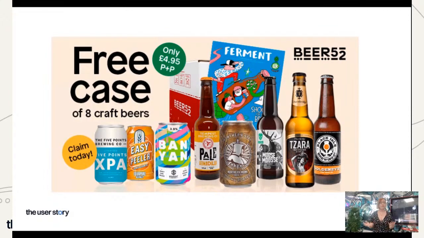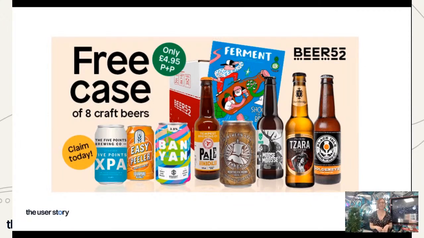They are a beer subscription service, so you can get monthly craft beers sent to your door. And they have a very lucrative offer to start with, which is only $4.95 postage and packaging, and they send you 8 craft beers, which is a very good deal.